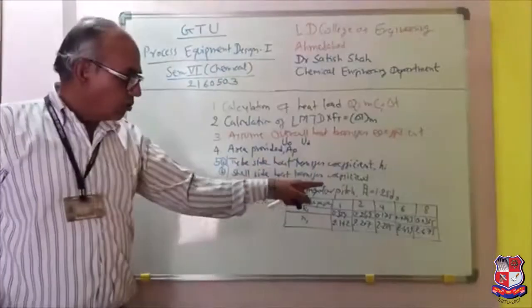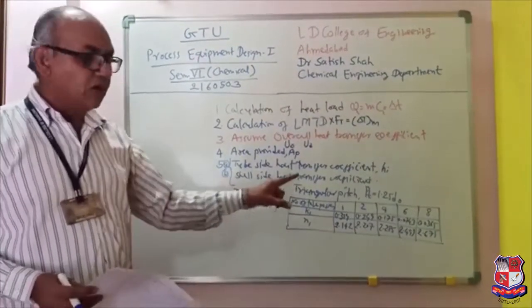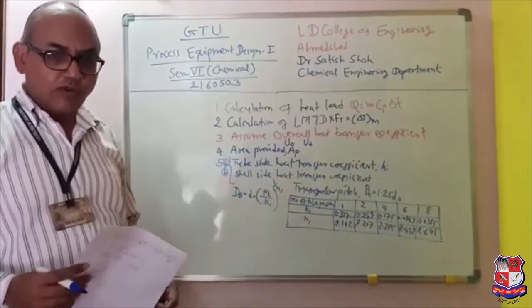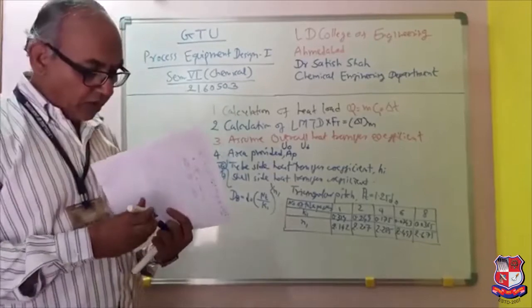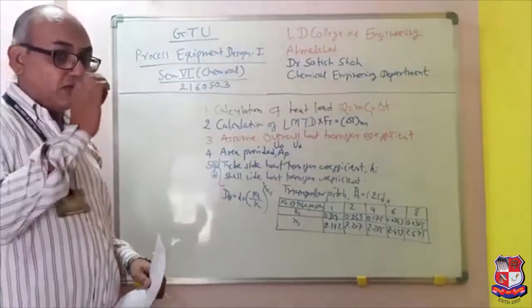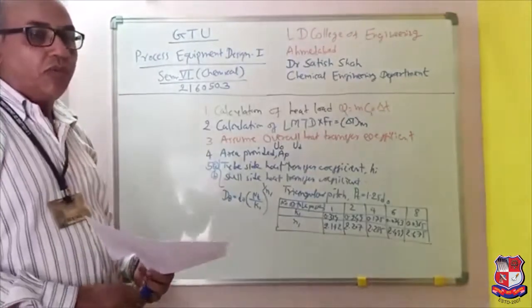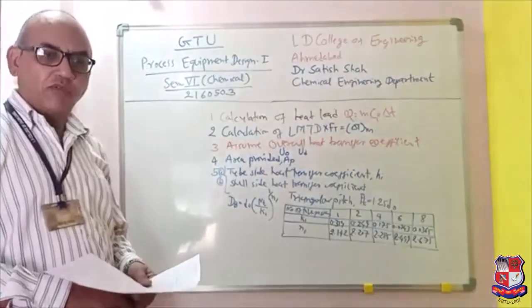Similar to this, values are also available for the square pitch, which I am not writing over here. You can refer to the book if required, but most of the time we need triangular pitch, so I have mentioned it for the triangular pitch. And the second important thing: if we have the U tube, say instead of 2 pass, suppose I have a U tube, there is a difference.